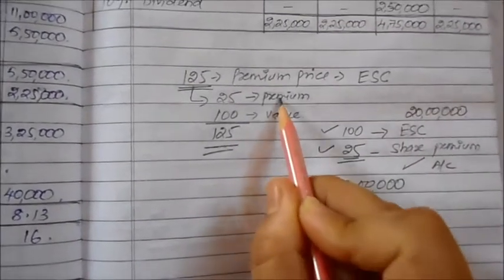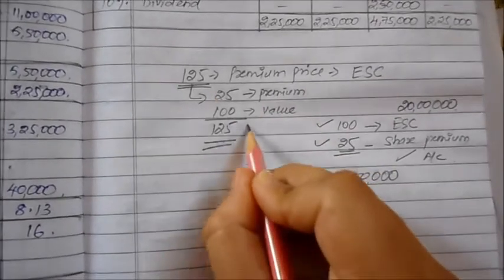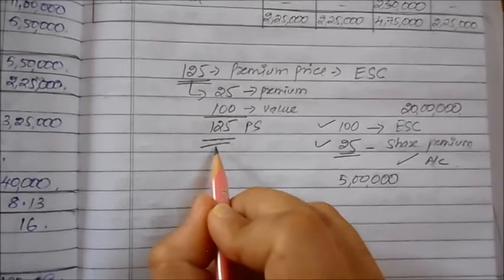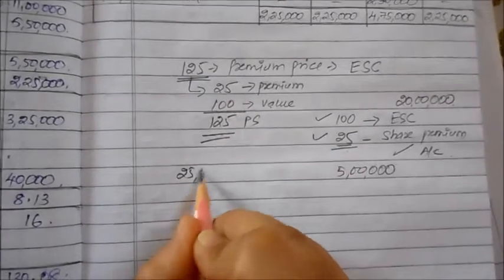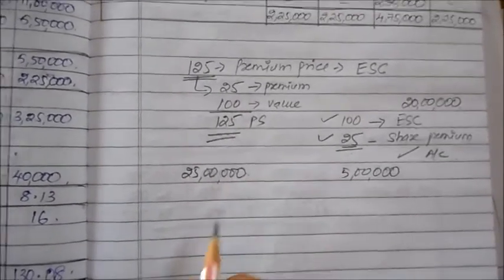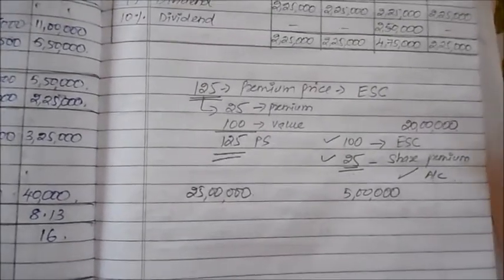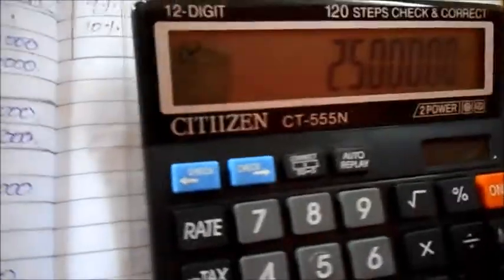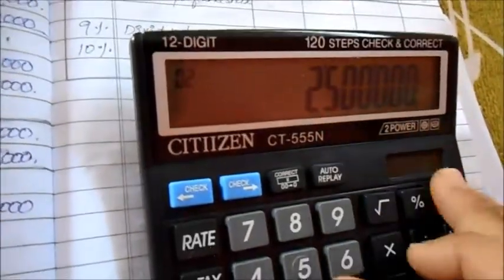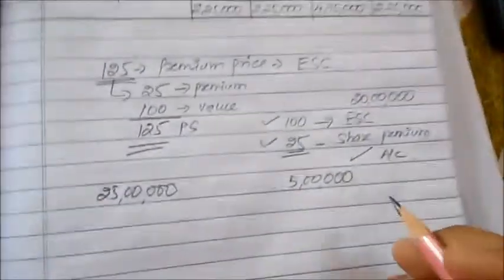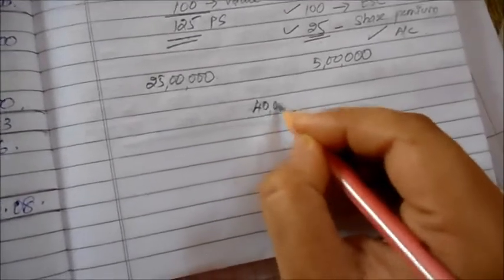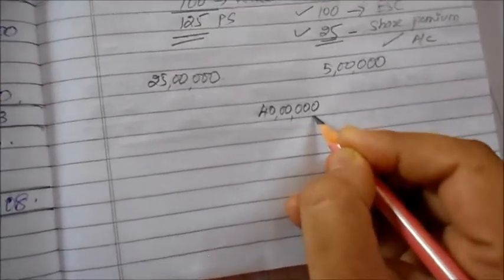Base value, premium value, the actual value per share will become 125. For our calculation, because we have to raise an additional 25 lakhs, if you do 20,000 into 125, that is 25 lakhs. But how much are we actually going to write here is 60. How did we arrive at 60? The capital that we already had was to the extent of 40 lakhs.